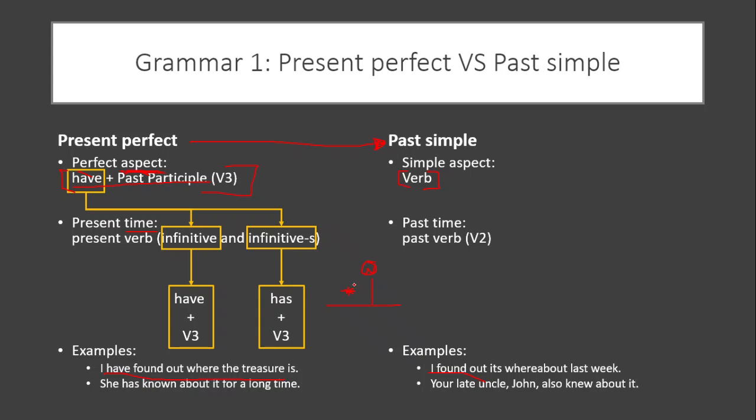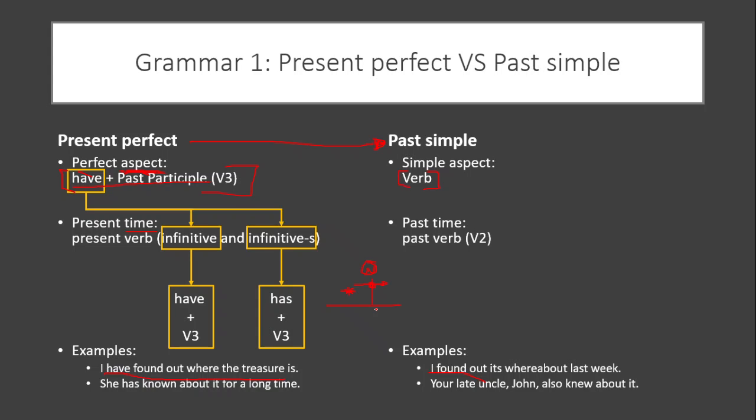However, we talk about it in how it relates to the present, how it affects the present. For example, when you say I've eaten, you want to mention that you're still full and you don't want to eat now because you've eaten. Maybe you ate an hour ago or 2 or 3 hours ago. It doesn't matter. The time does not matter when we use present perfect.